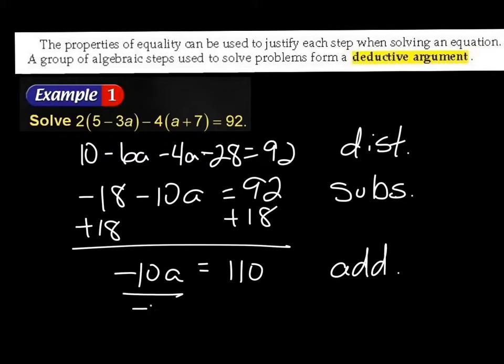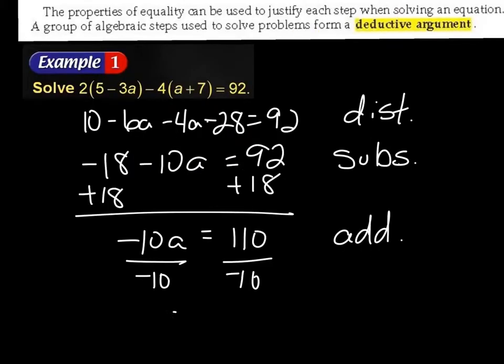And divide both sides by negative 10. A equals negative 11, and that was division property of equality. Now, if you look at the book, they may have more steps than I do because I can combine things, and that's okay as long as you have a reason for each step you do.